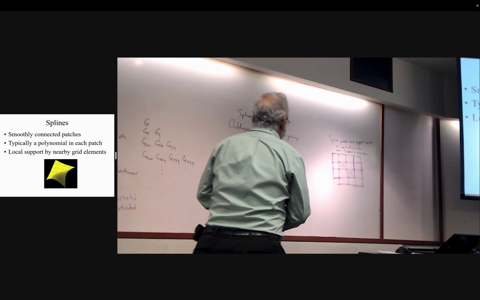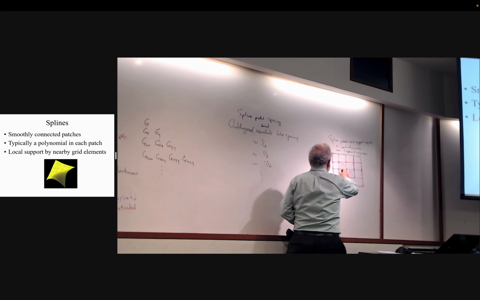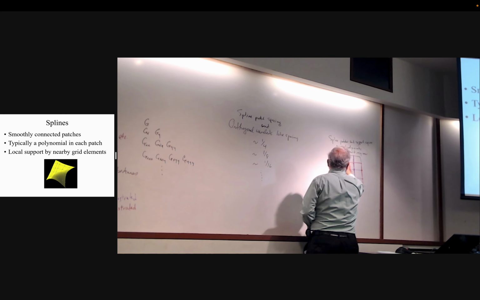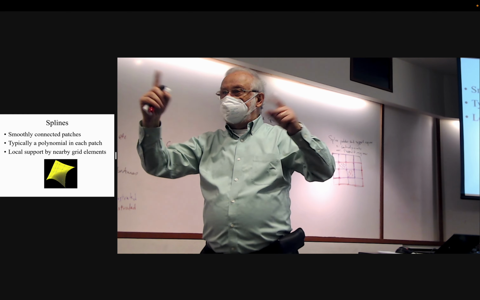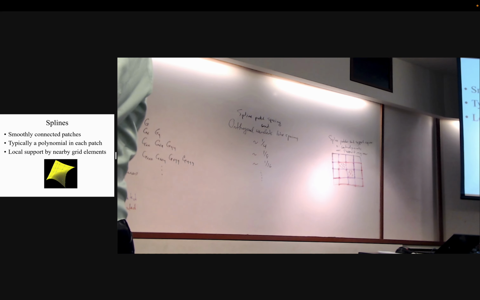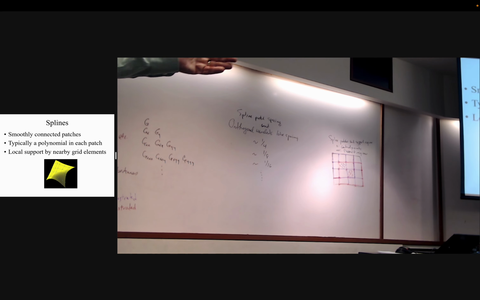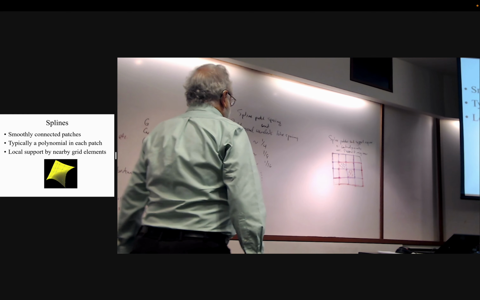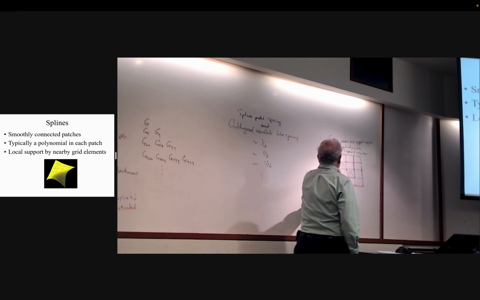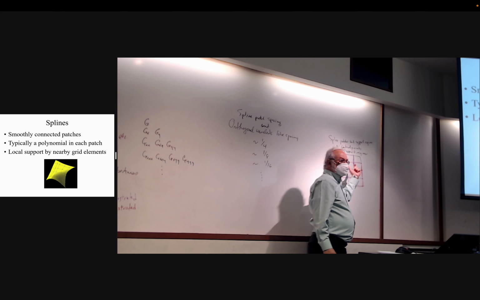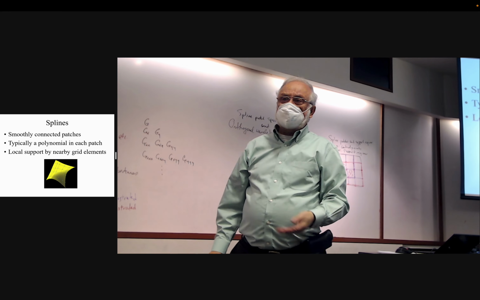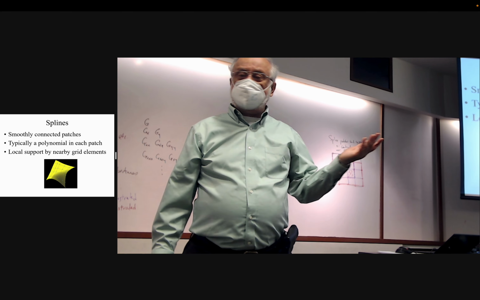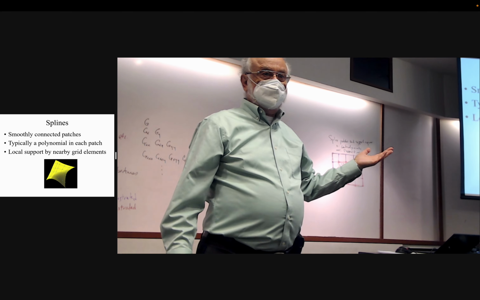So if we had a 128 by 128 image, then a patch would be 32 by 32 in size, in this particular patch size. A quarter. Okay. And for each patch, we're going to have a polynomial function that we can evaluate at any point within the patch, at any pixel within the patch. Okay?